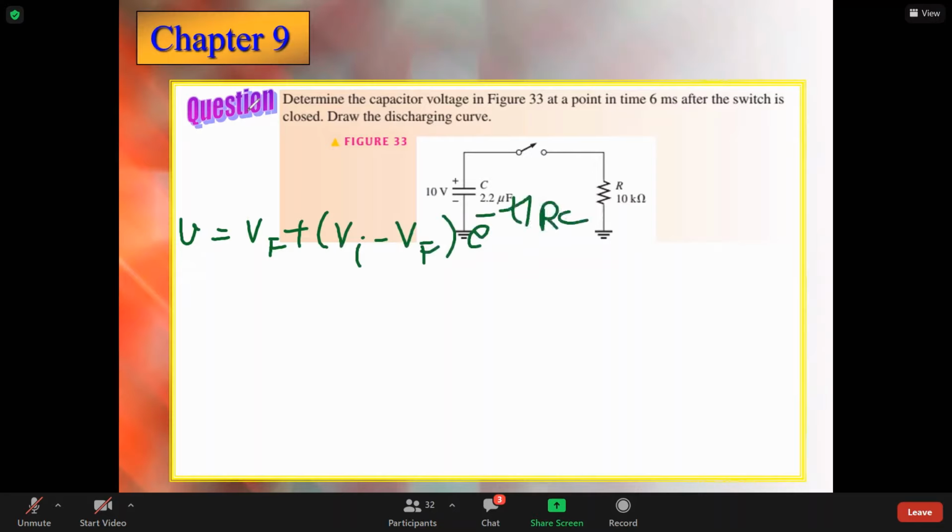I think I should write the full equation so I can remember it. Now both VF and the other term are 0, so the equation will be this, basically. Correct? Yes.